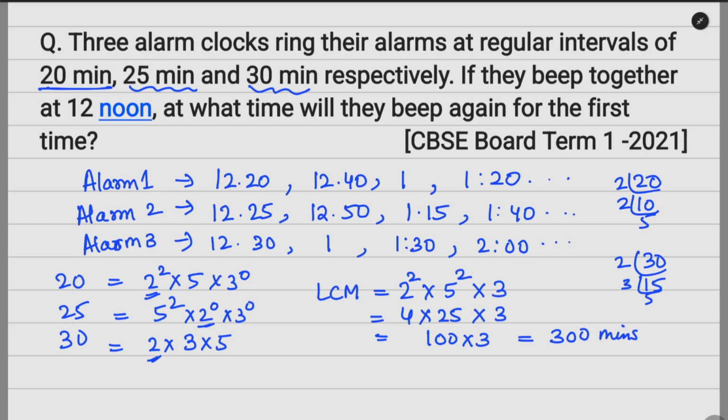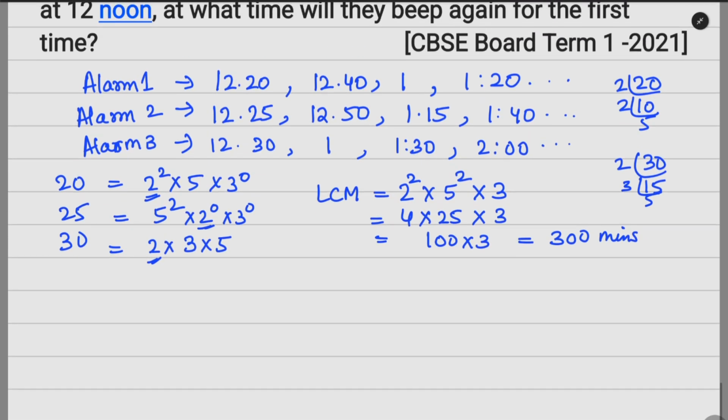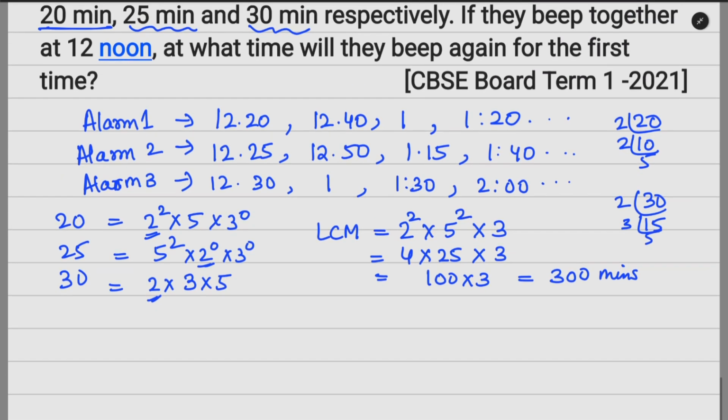That's the LCM. So what is 300 minutes? It's after 300 minutes from 12 noon, which was the first time they had beeped together. So you have to convert it into hours to know when they will beep next.